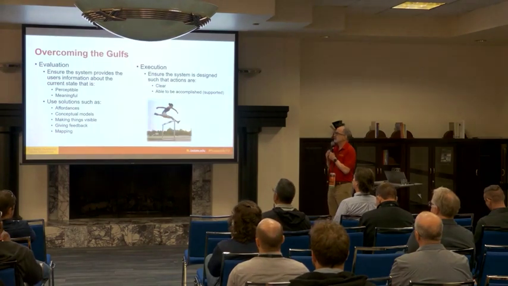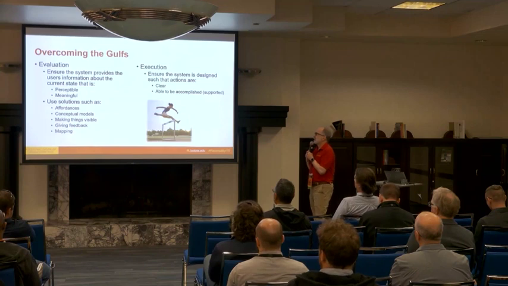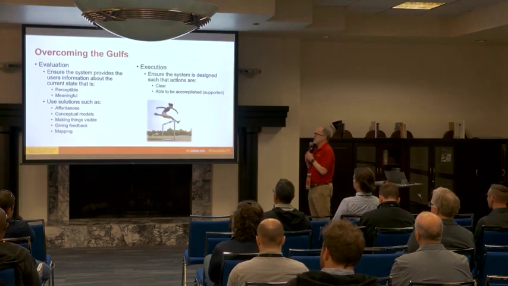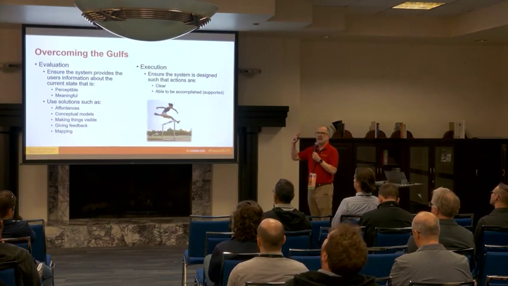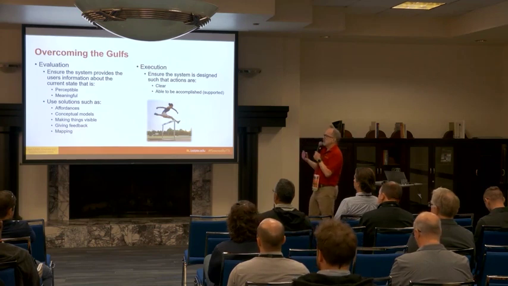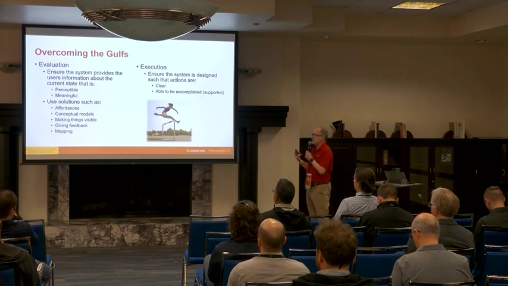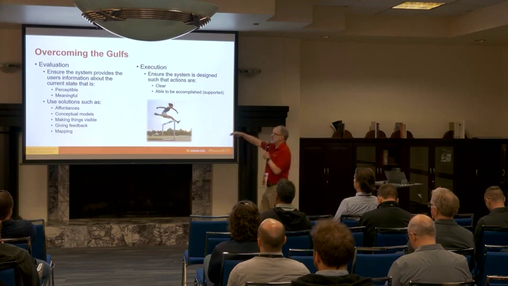Okay, so with regards to the gulf of evaluation, there's a few things that you want to make sure that you do, right? And these are pretty obvious, right? Hey, Captain Obvious. Of course, we want to ensure the system provides the user information about the current state that is A, perceptible, and B, meaningful, okay? And so we're going to talk about these things in detail.